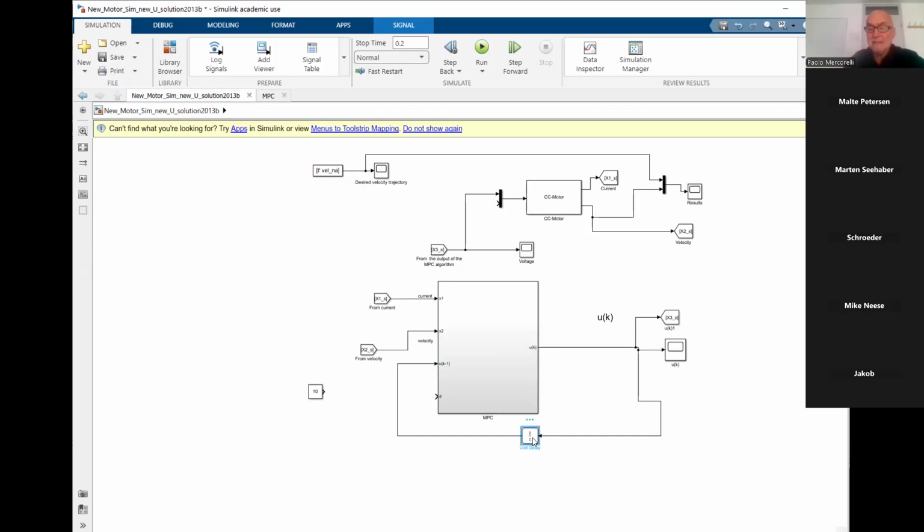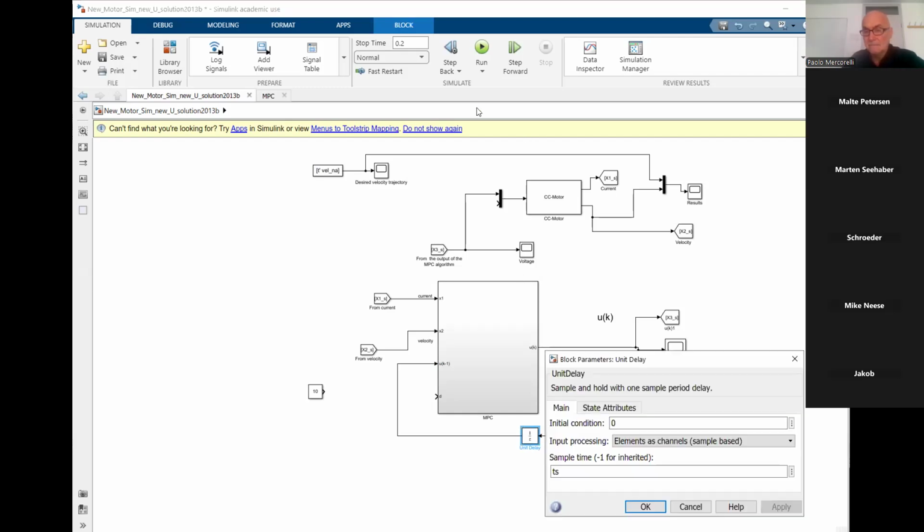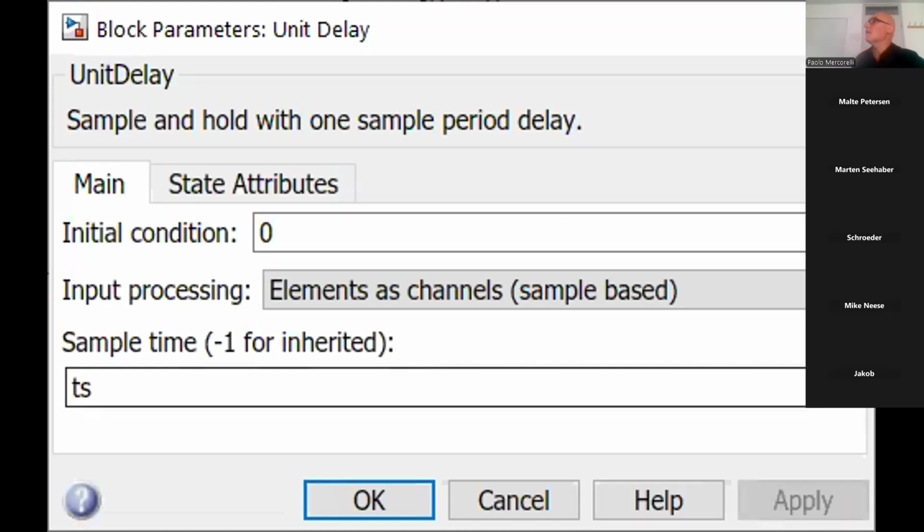If you go inside, you can see that we have a block which delays the signal by 1 Ts. You can put also 2 Ts, 3 Ts, but we have k minus 1 multiplied by Ts. This means it's delayed, with respect to the normal signal, by 1 Ts, 1 sample.